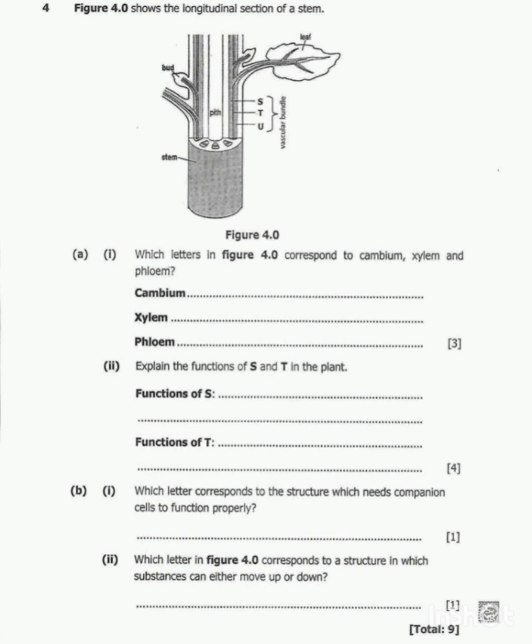So the substances they're talking about, manufactured food, can move either upwards or downwards. So the answer is the phloem.